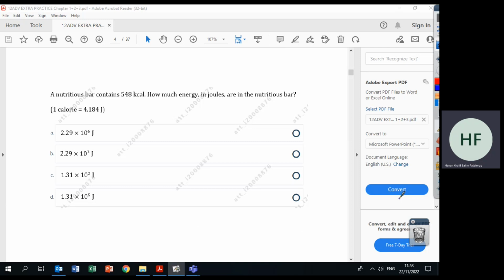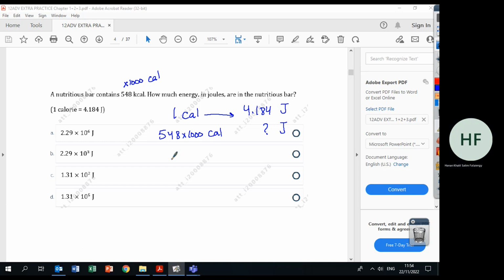Try to do the question by yourselves and check the answer. Okay, so the answer will be A.